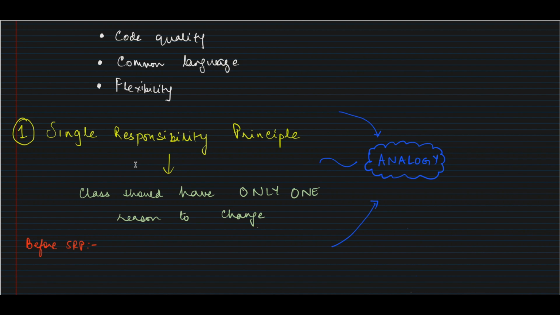Like we were seeing in our analogy of the kitchen tools. If one tool is designed for a specific purpose, what is going to happen when you use that tool for something else for which it is not designed? Like that example of the ladle, which is used for serving liquids. If you try to use that in some other place where it is dealing with solids, will you be able to do that?